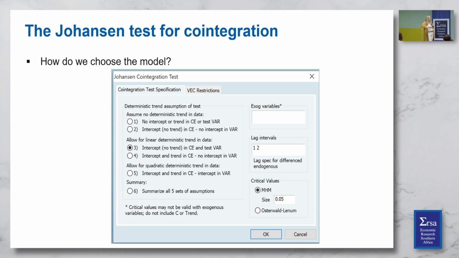Number 4 may be applicable occasionally, because that has a trend in the long run. If you model production and you want to put a trend to represent or approximate technology, that will be 4. Otherwise, we search for solutions between 2 and 3.